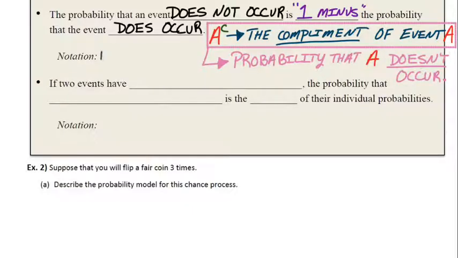So if we want to find the probability of A complement, the probability of not A, we just do 1 minus the probability of A. So this is what's known as the complement rule.